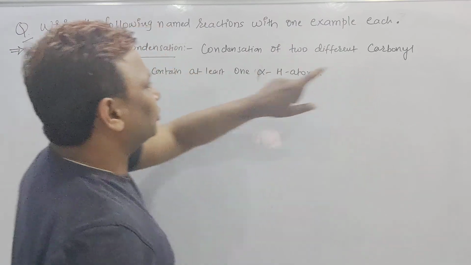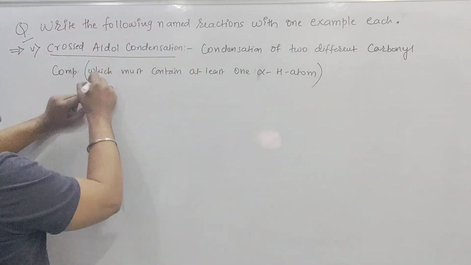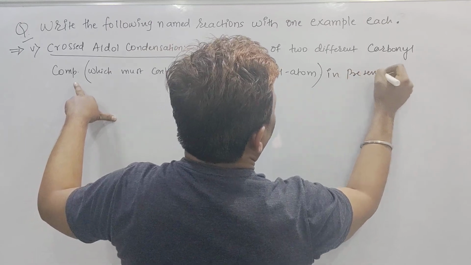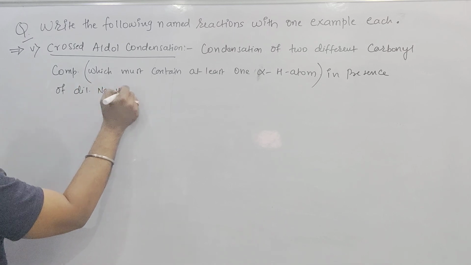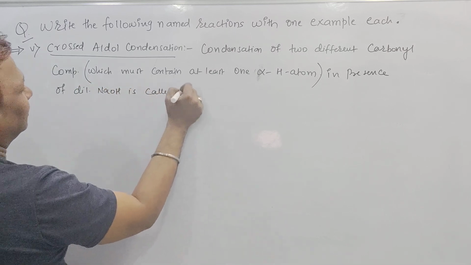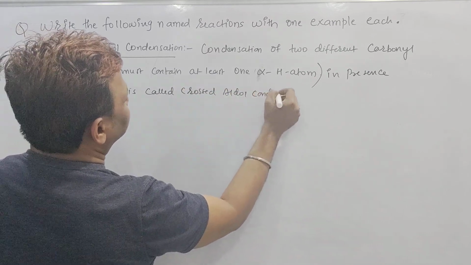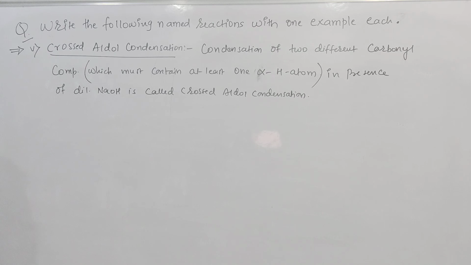So condensation of two different carbonyl compounds, which must contain at least one alpha hydrogen, in presence of base, in presence of dilute NaOH, is called crossed aldol condensation. Is it clear? In dilute alkali it is called a crossed aldol condensation.